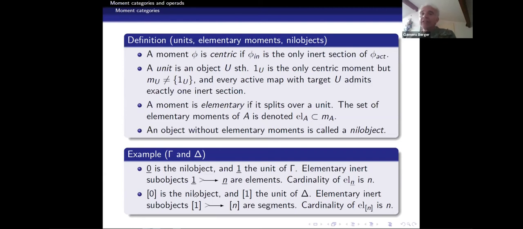The only nil object is the singleton ordinal, so the ordinal which actually is just a point. And the unit of delta is the segment 0, 1. So elementary inert subobjects of an ordinal are just the segments of these ordinals. And you know that n is an interval of length n, so it has n segments, so the cardinality of the ordinal n is also n.